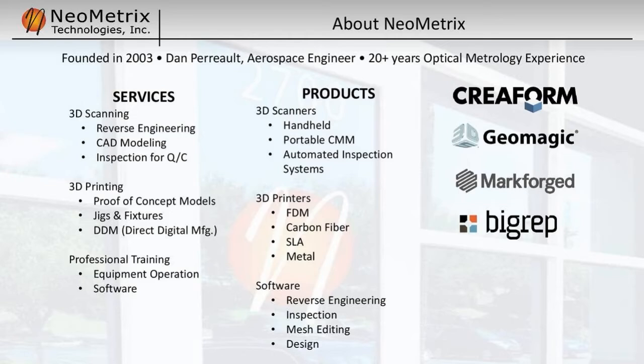Myself, as well as a lot of our other team members, also have backgrounds in engineering or these types of fields. So we sell products and services that have to do with 3D scanning, 3D printing, reverse engineering, and inspection. We also do professional software and equipment training on everything we use.